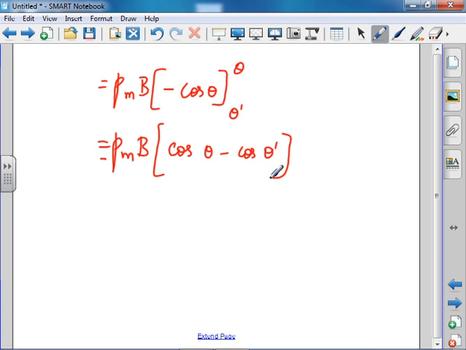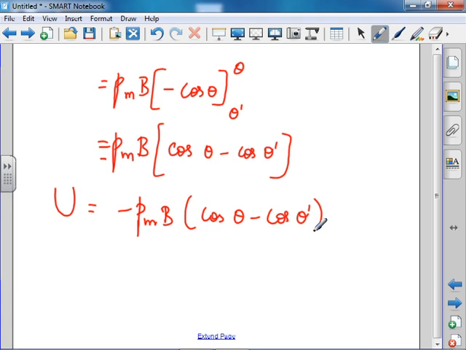So this work done is represented by the letter U and it is equal to minus pmb into (cos theta minus cos theta dash). Okay, now the difference between theta dash and theta is what we have represented as this potential energy.